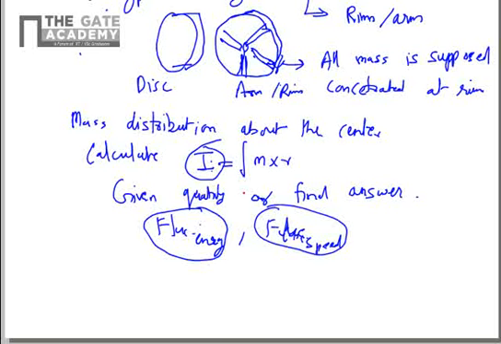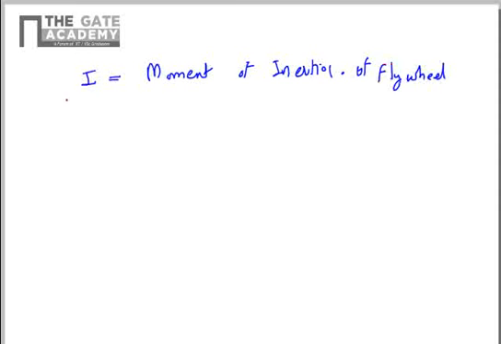So now we'll go on with the derivation of sizing of the flywheel. So let's say I is given, that is the moment of inertia of the flywheel. Then we have omega 1 as the maximum speed of the crankshaft.